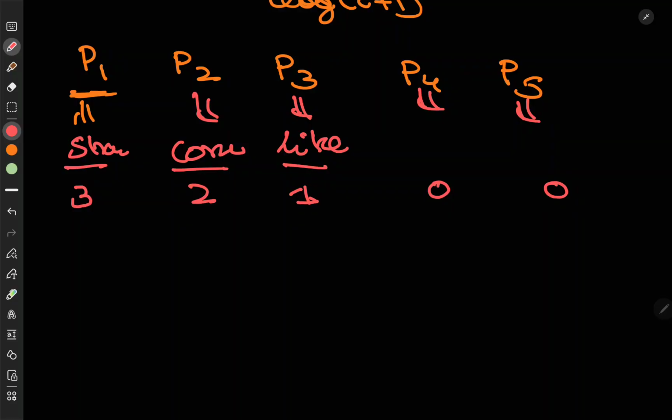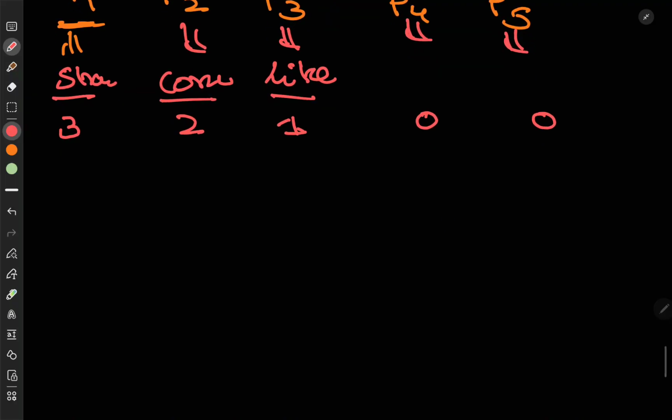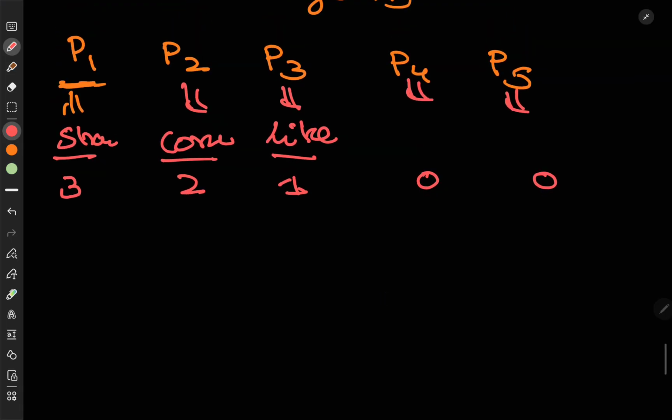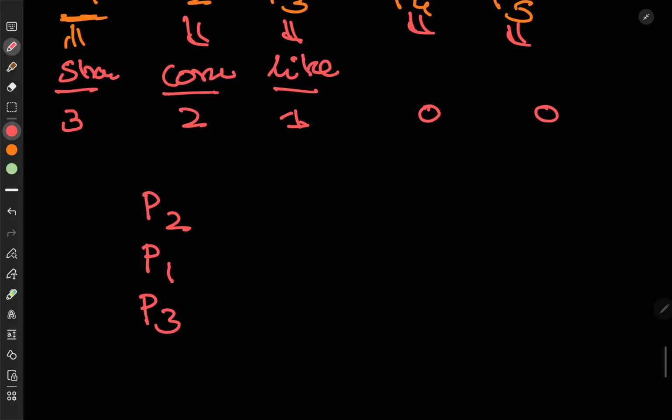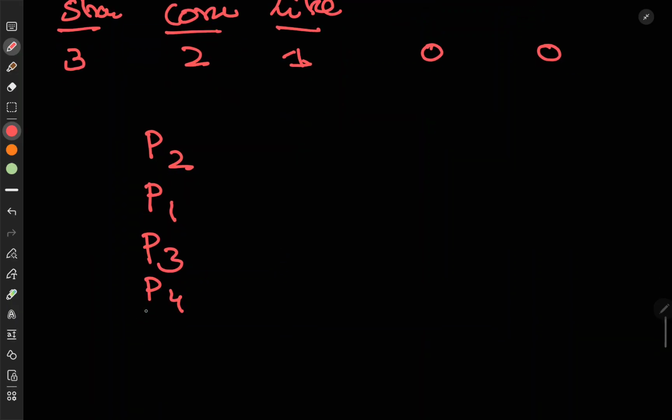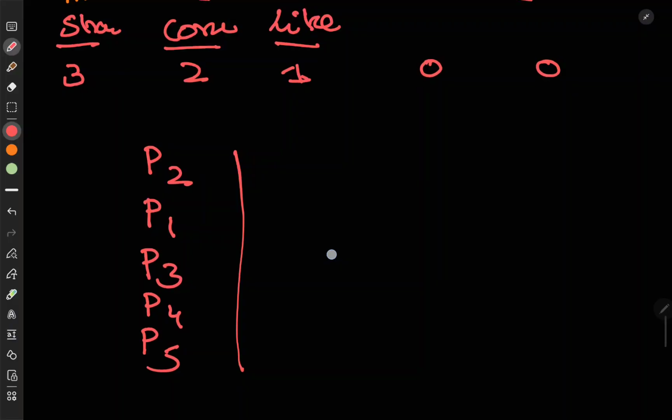Okay, but whenever we trained our model and we got the data, like let's say there is a user who opened the app and got these 5 posts. Now these 5 posts were in a different order. The order was something like P2, P1, P3, P4, P5. Now let's write their scores in front of them.